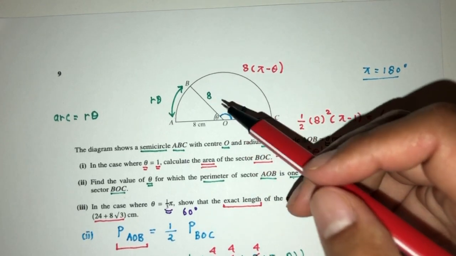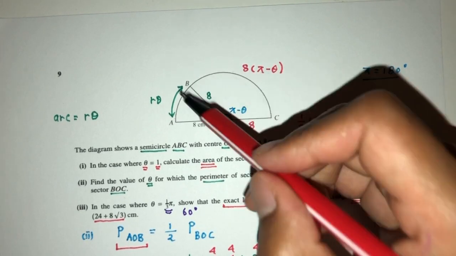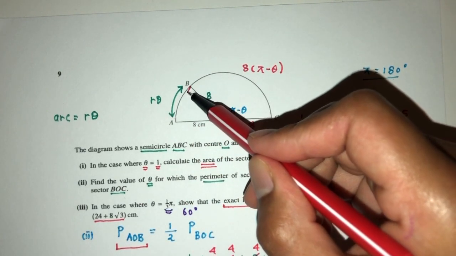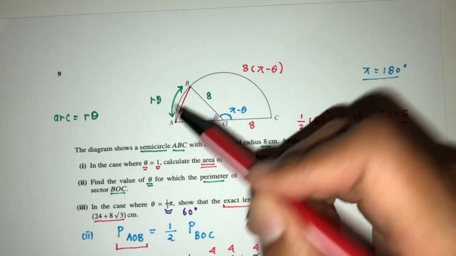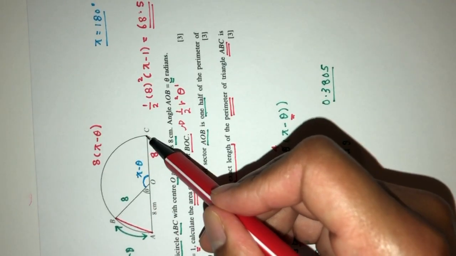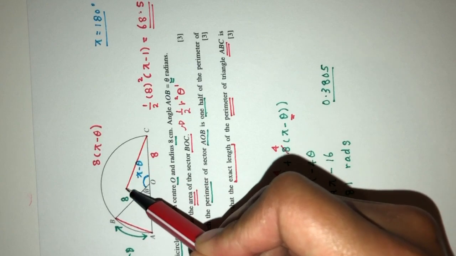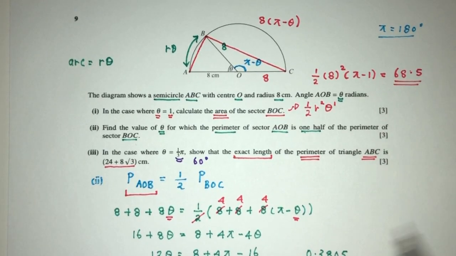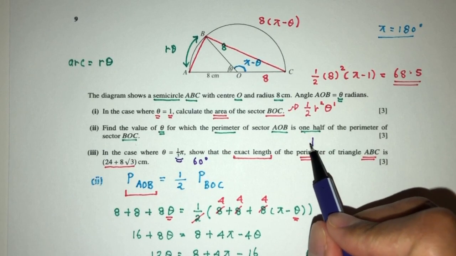So let me just connect them. So we have triangle AB, and then C will connect with this one. Okay, cool. So we have to show that the length of the triangle ABC will be given by this one. So how would you find the perimeter of triangle ABC?